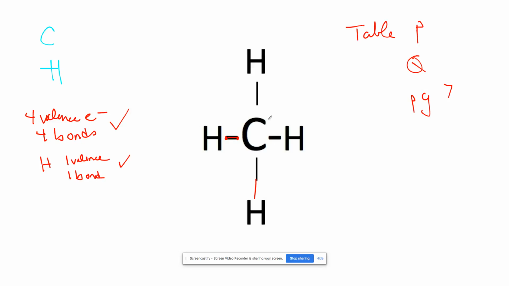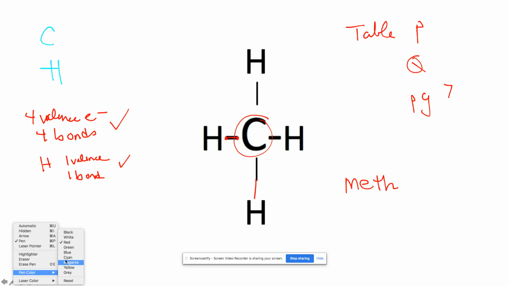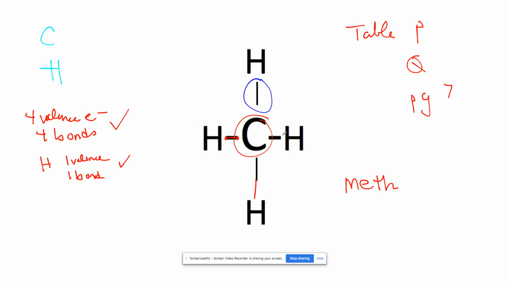So the first thing you do is you count up your number of carbons. I have 1 carbon. On table P, 1 carbon means the prefix meth. Okay? The next thing we do is we need to figure out the kind of bonds. So the bonds here are all single bonds, 1 line between the carbon and the hydrogen.